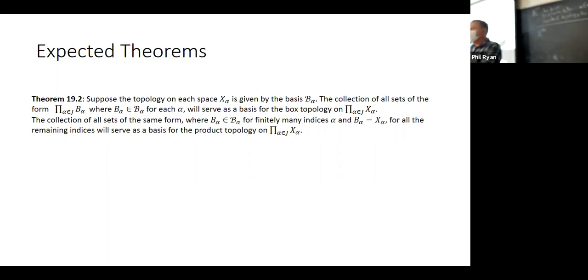All the rest is the entire R. So, for example, something like (1, 2) cross R would be an example of a basis element in the product topology.